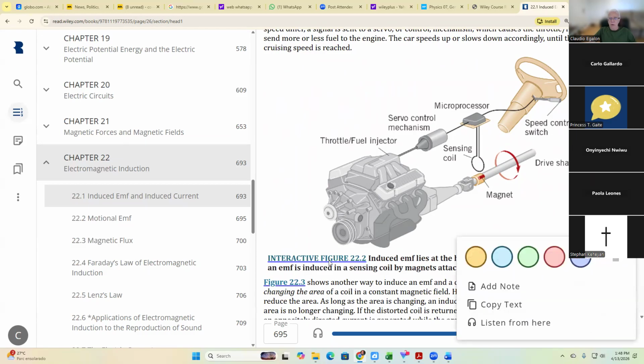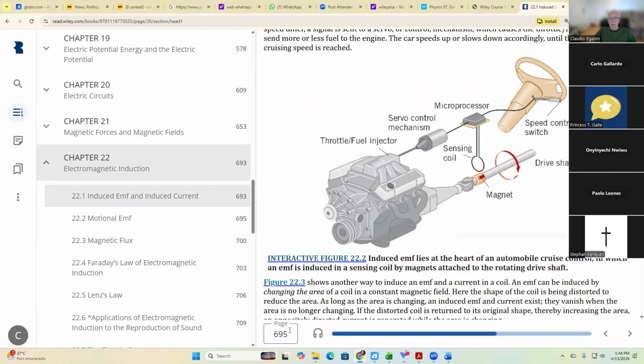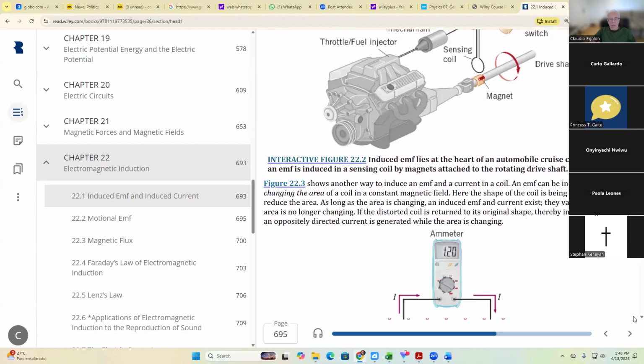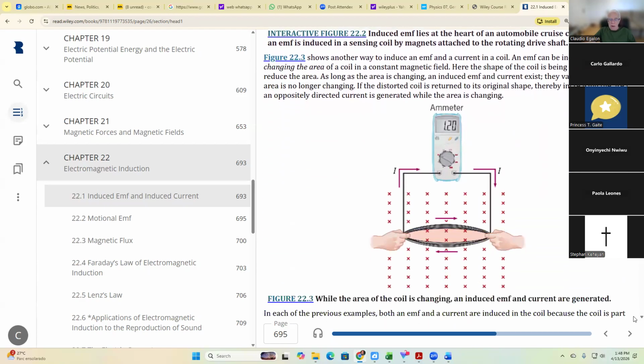The cruise control of our car, we can use the induced current in this device. There are all sorts of applications, by the way. That's just one of them, one of the applications of induced electromotive force.